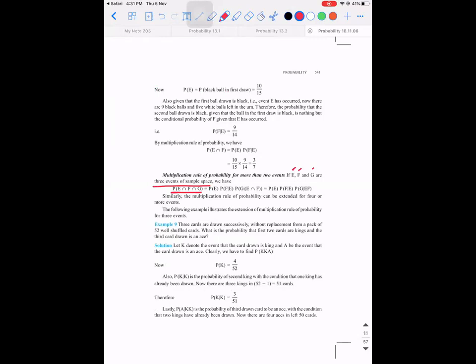Probability of E intersection F intersection G will be equal to probability of E into probability of F given E into probability of G given E intersection F. So write it down.